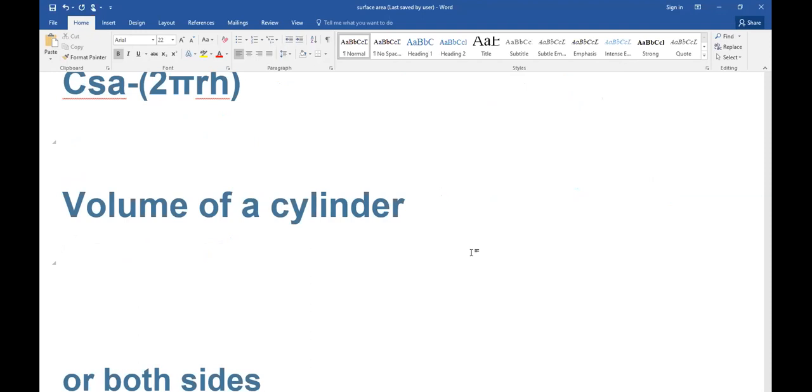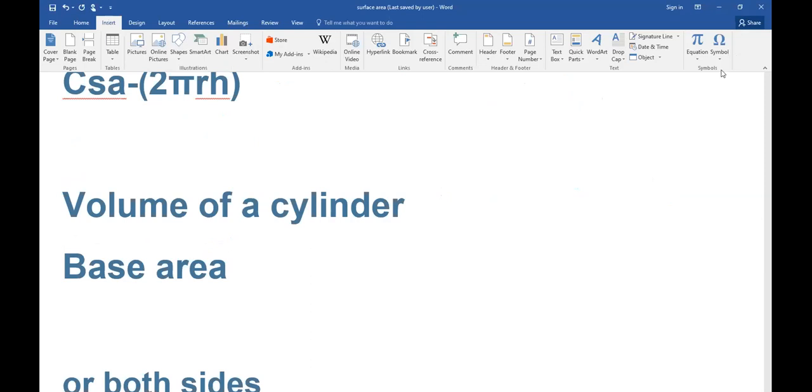So the formula, when you're looking at the cylinder, is base area times the height.